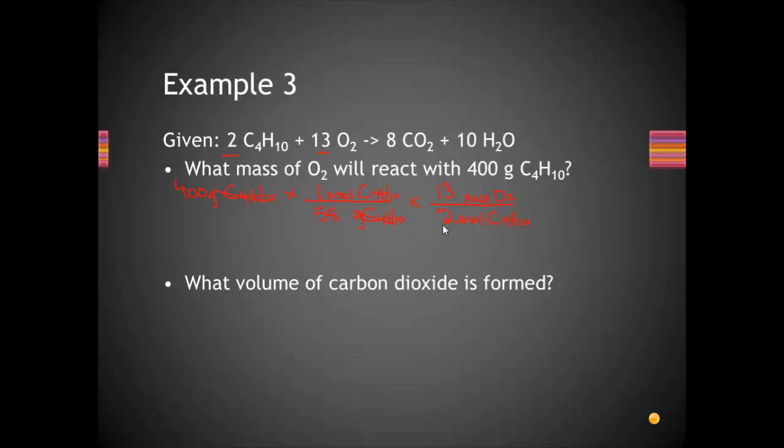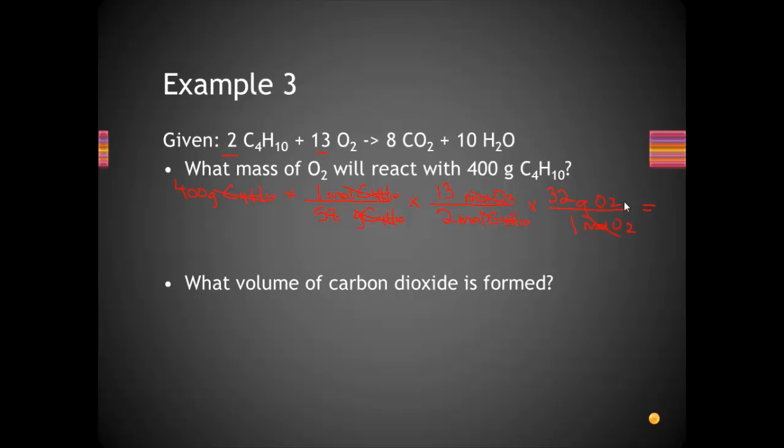And then the third step, remember, is just a gram step. I'm going to find the grams of oxygen from the periodic table, 16 times 2 is 32 grams. So let's cancel out all those units, and we'll do the math in the calculator. 400 times 13 times 32, divide by 58, and divide by 2.